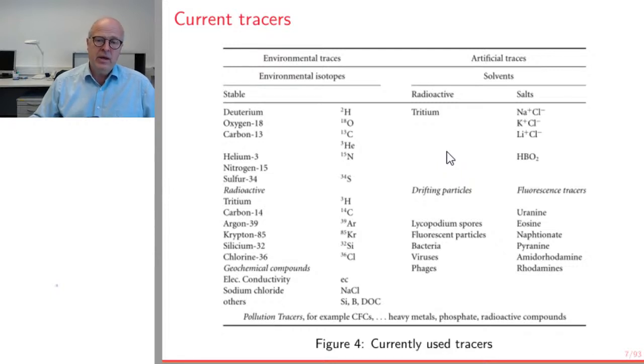However, we have most of these salts in our groundwater anyway: sodium chloride, potassium, lithium. So it is not sufficient to detect 1 milligram. We will have to have an increase that is at least 2 times the standard deviation of this salt. And we often have 15, 20, 30, even 100 milligram of salt in groundwater.